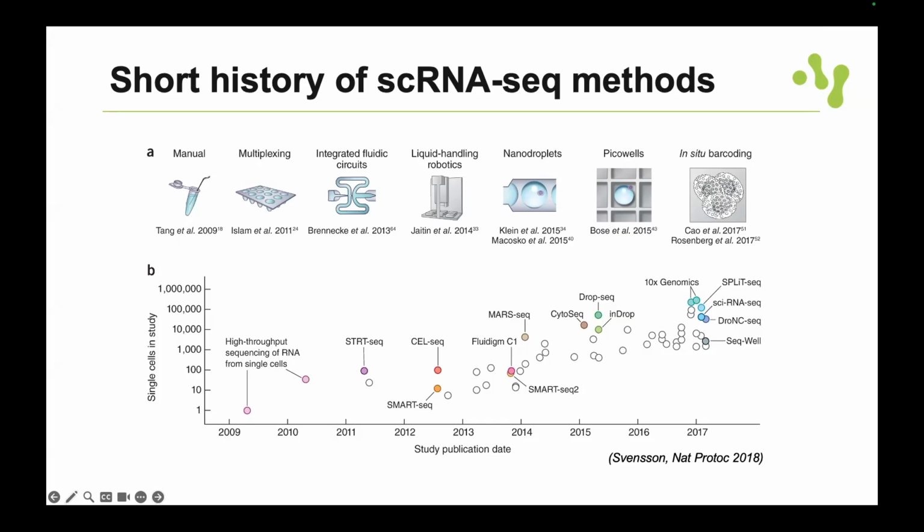The very first, manually picked cells in 2009, and the single cells were sequenced. Later, this was multiplexed, which was an important part to be able to scale up, because sequencing single cells one by one would of course not be feasible. There were some different technologies for this.